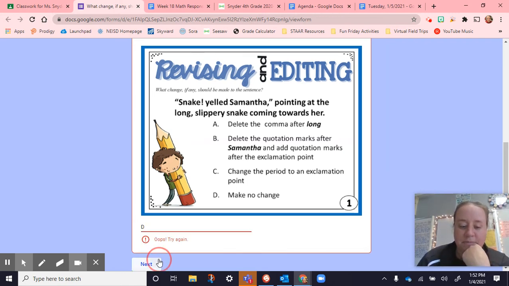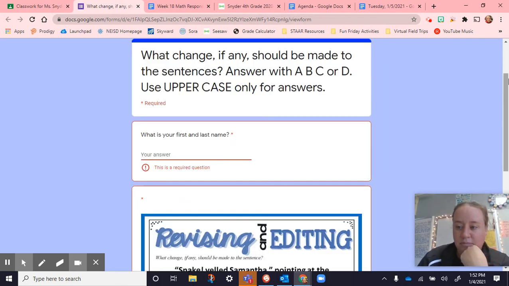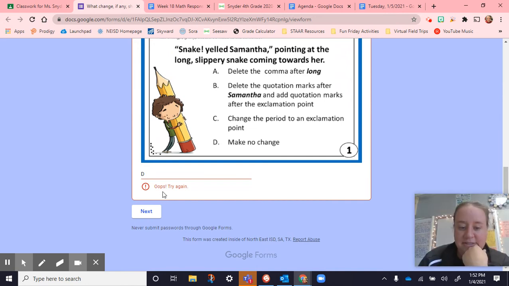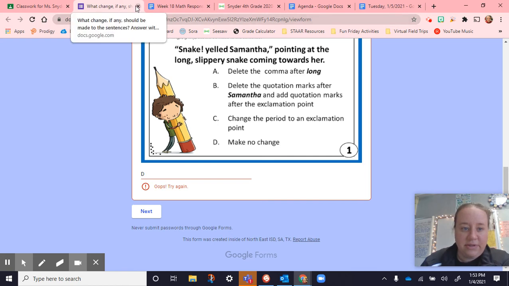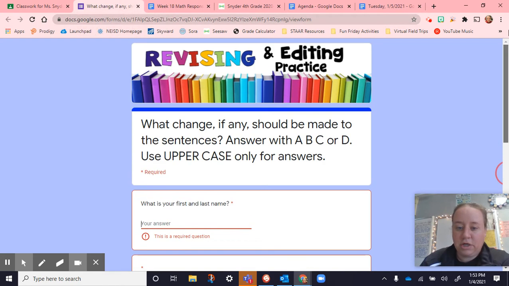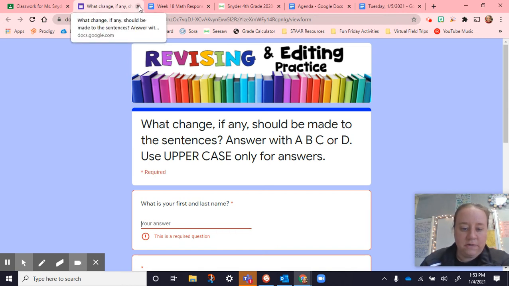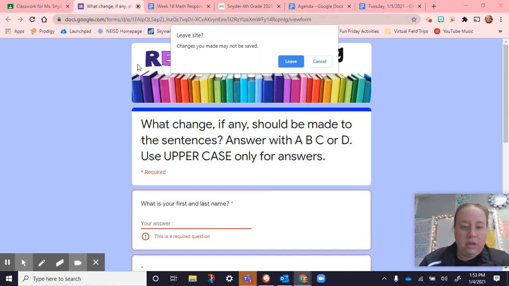So if you put D, it says, oops, try again. It won't let you move on until you put the right answer. So make sure you're really paying attention and looking for those correct answers. So you're going to do that and then turn that in. And again, make sure you put your first and last name here at the top. It won't let you continue if you don't fill that part in.